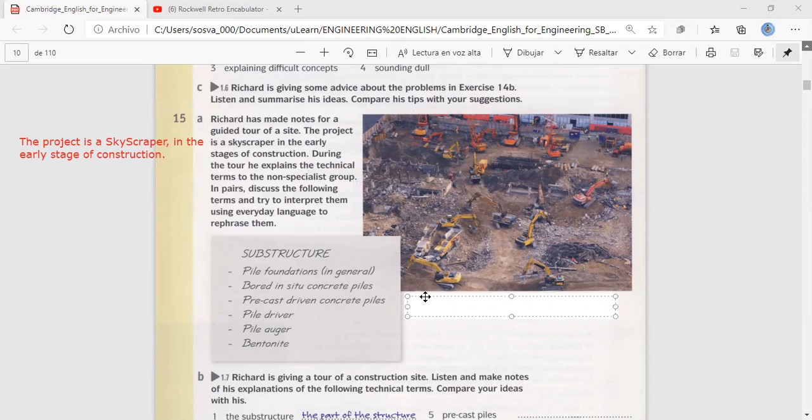Well, precast. Okay. What other word don't you understand? Well, in this case, bored in situ concrete piles. Okay, concrete piles. For bored in, I don't understand bored.